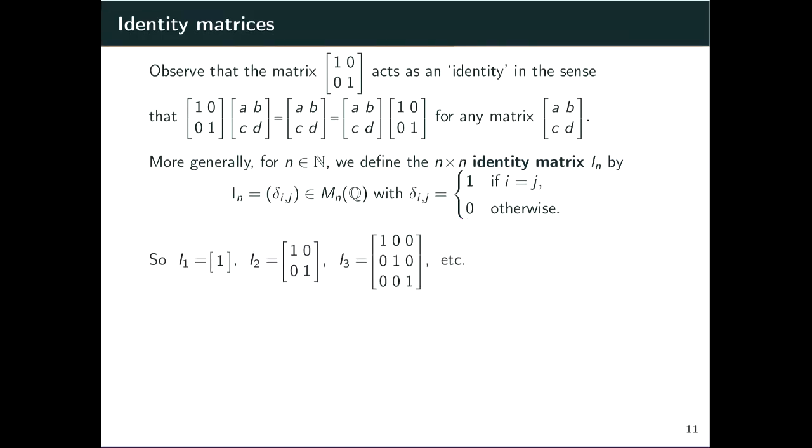So we have examples here. So the identity matrix with shape 1 times 1 is just 1. The identity matrix for 2 by 2 matrices is this one here. For 3 by 3, it's this one here.